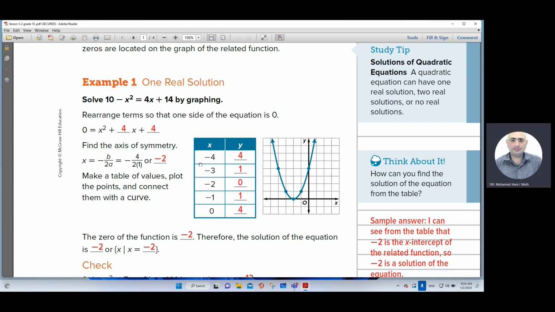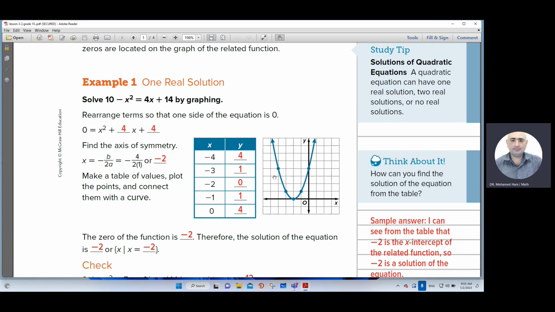For example, when you choose negative 4, substitute for the value of x negative 4, you will get the value of y will be 4. Repeat the same idea to get the values of y.